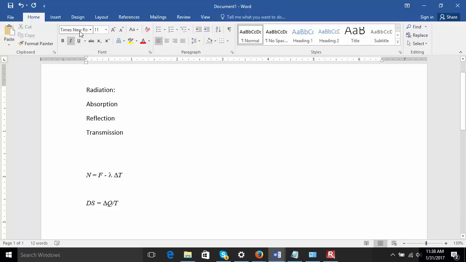And since delta itself is not a variable, it's just a symbol, we don't italicize it. I say that because when you write your equation in your summary 1, I want you to make sure that you do italicize all of the variables. So you can see that I've italicized N, I've italicized F, I've italicized T. I didn't italicize lambda. It looks weird enough already.